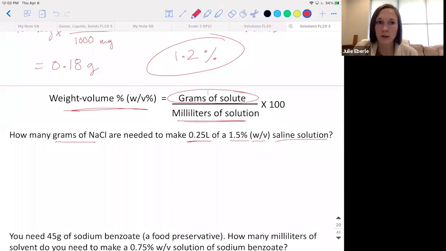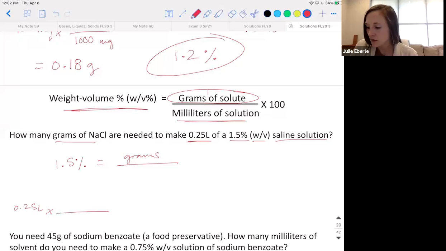All right, I'm going to start working this. So I'm going to plug in my 1.5%. That equals grams, that's what I'm solving for, per, we got to convert liters to milliliters. So 0.25 liters times, for every 1 liter, it's 1,000 milliliters.